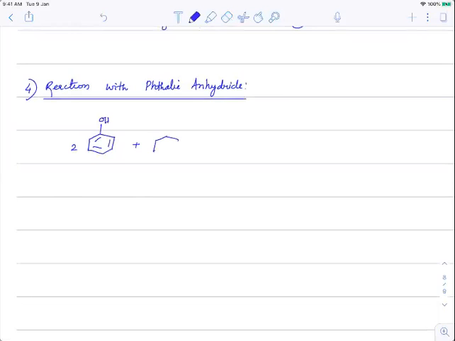And if I take phthalic anhydride, you know that here there is COOH. This is called phthalic acid. Remove water from it, and it will become an anhydride. So this is C double bond O, C double bond O. O is connected this way. This is phthalic anhydride.